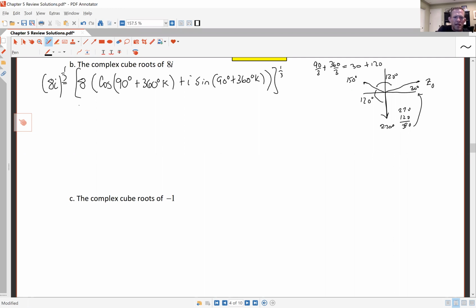So we're going to take 8 to the 1/3, which is 2. We're going to have cosine of 90 over 3, which is 30, plus 360 over 3, which is 120.